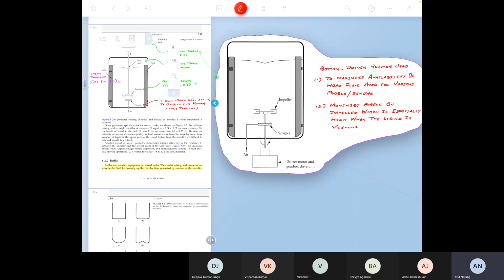Notice that the stirrer motor and the gearbox unit are at the bottom, and from the bottom you have the stirrer shaft. It pierces through the bottom, and on top of that sits the impeller. This type of bottom drive unit is not typically used because it's mechanically problematic. This particular portion can often lead to leaks.